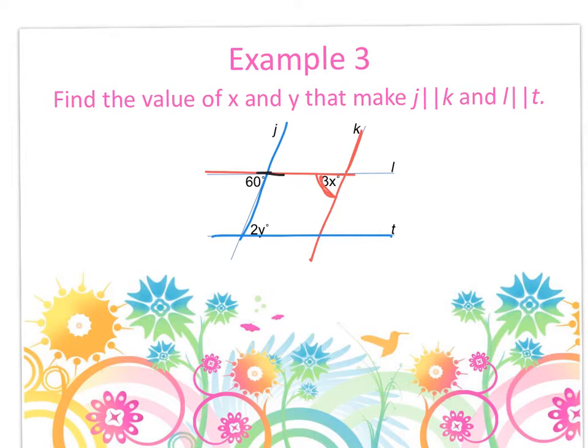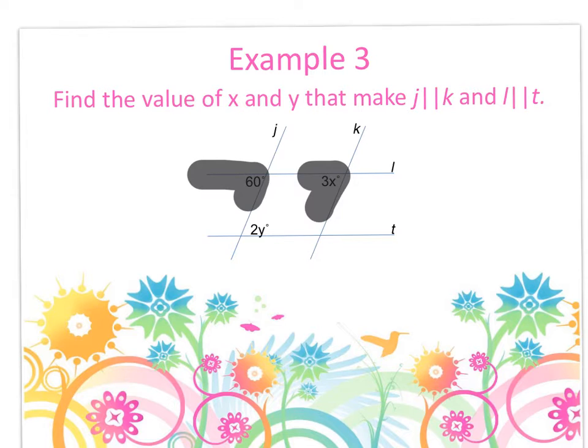But 3x and 60 both share that line and that transversal. Well, those 2 lines. So here and here are both connected.